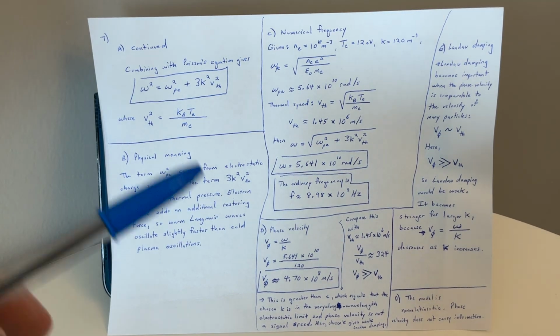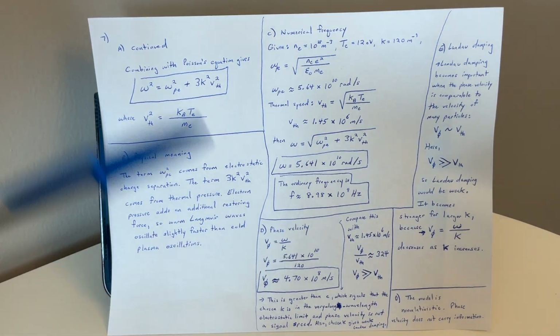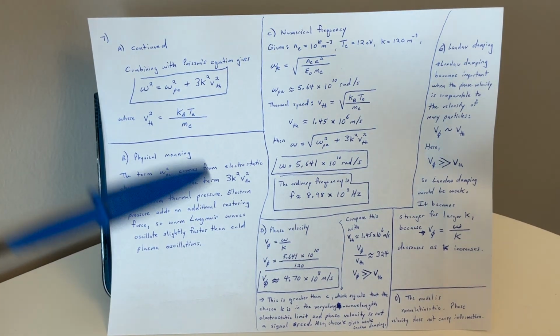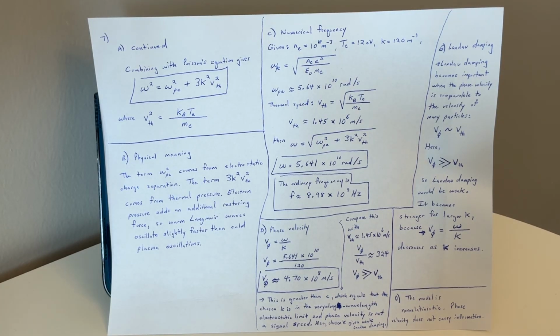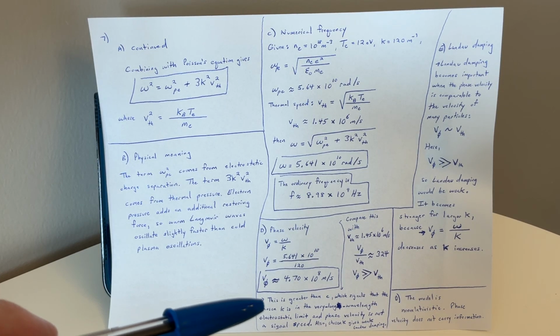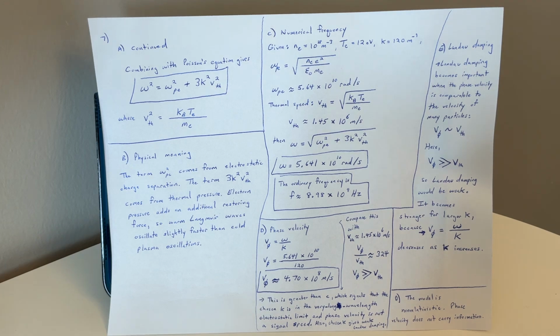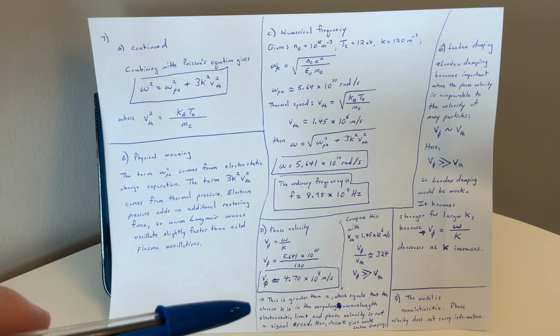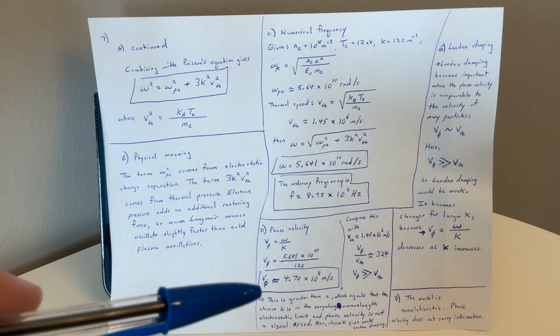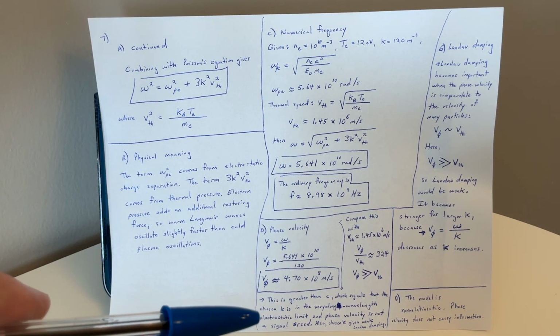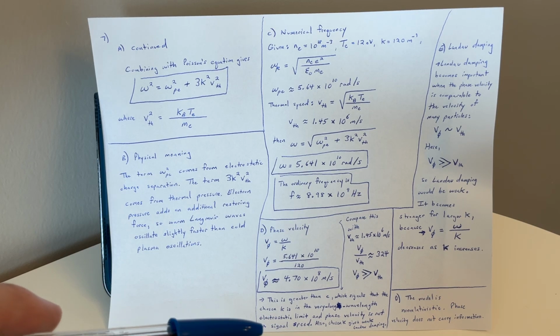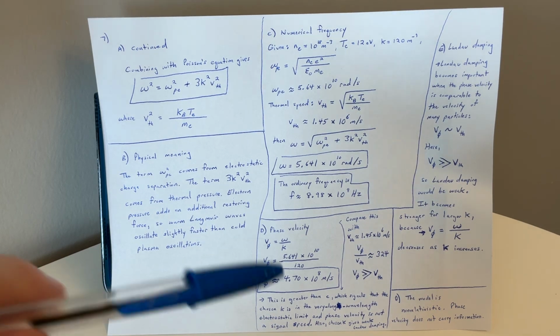So what we could say here, and this is interesting because it's a little counterintuitive, this is greater than c. Which signals that the chosen k is in the very long wavelength electrostatic limit, and the phase velocity is not a signal speed.